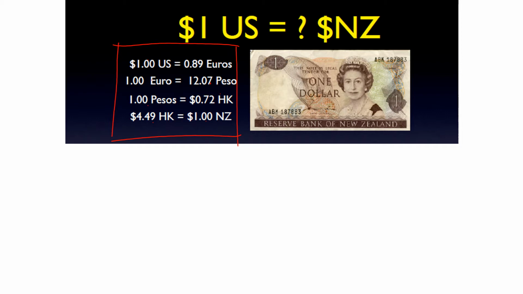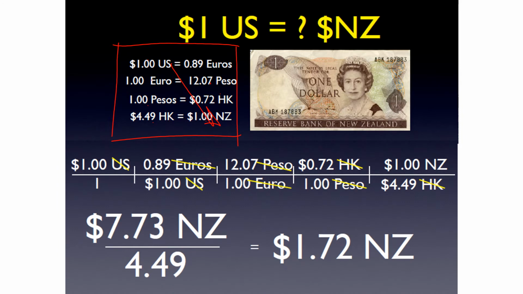So using those 4 conversion factors, I can go from a US dollar into a New Zealand dollar using dimensional analysis. Now, it's sort of confusing though, because in some situations you're going to multiply by the conversion factor, and sometimes you'll be dividing by the conversion factor number. So here's the final answer, and let me go through it with you.